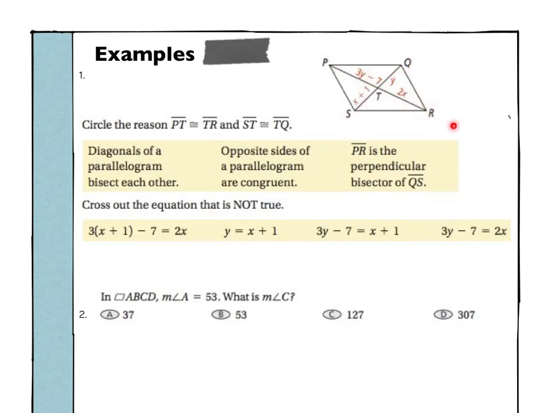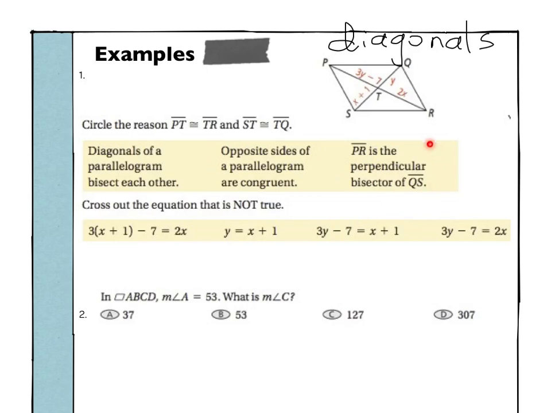So these are diagonals, and we know there are things about diagonals that are true if this is a figure known as a parallelogram. So, opposite sides of a parallelogram are congruent doesn't really help us. I'm not going to circle that one because we don't know if that's a parallelogram right now.